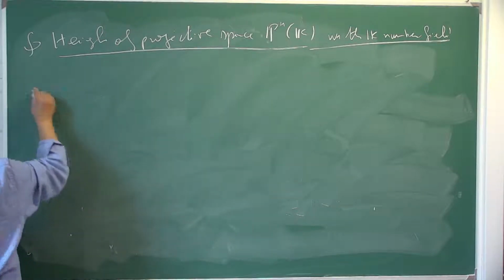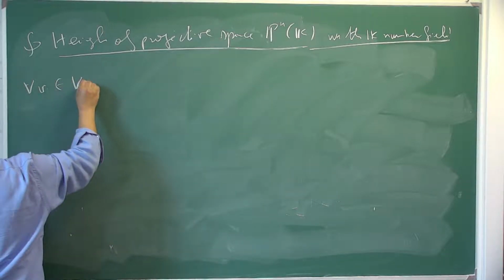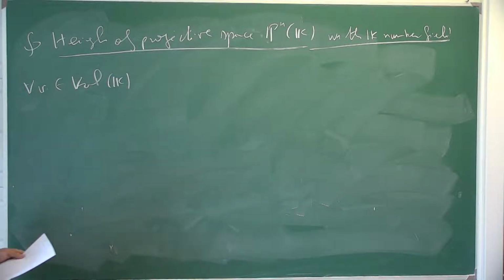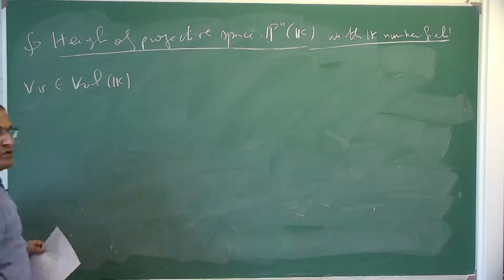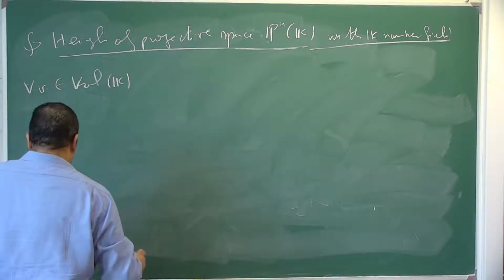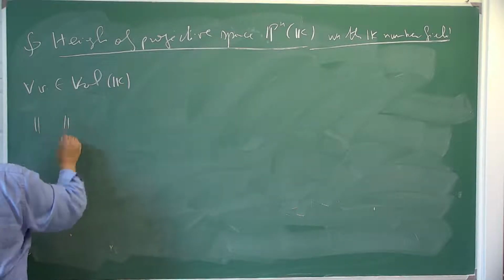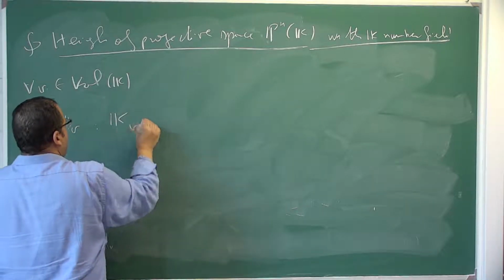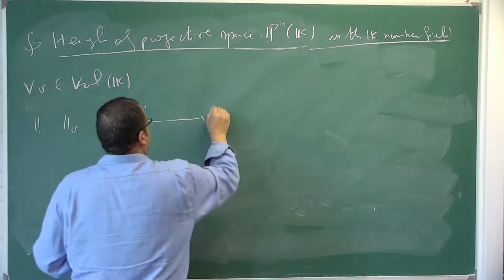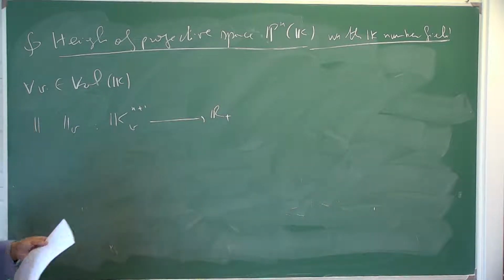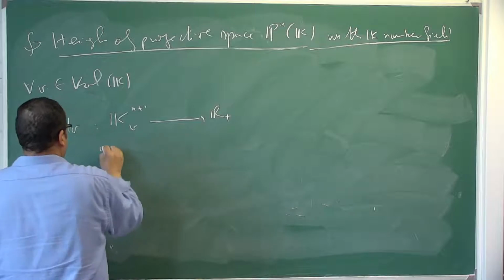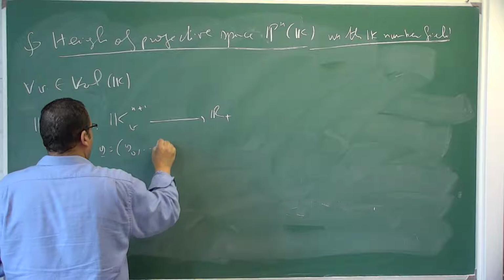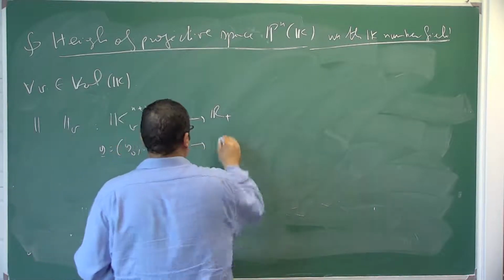For any place v of K, we have an absolute value. By using these absolute values, this allows us to define a norm from K_v^(n+1) to R plus, using this definition.